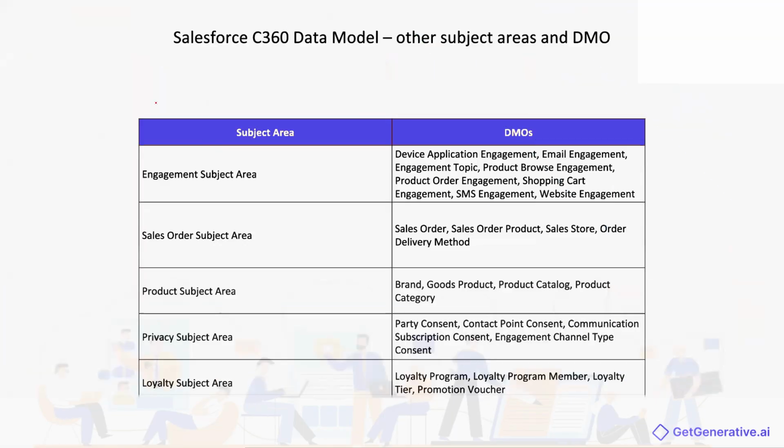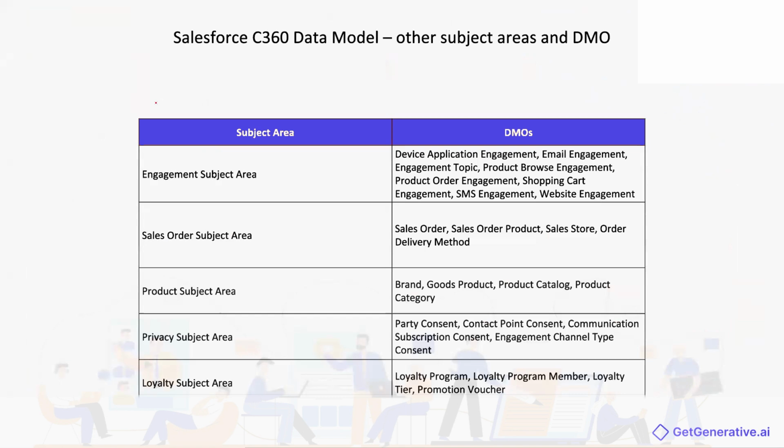There are many more subject areas, and these are not all, there are a lot more than this, such as financial sector, healthcare sector, consumer goods, public sector. These are a few examples, such as the engagement subject area. You have standard data model objects such as email engagement, product browse engagement, shopping cart, website engagement, etc. So you don't have to create and think of fields by yourself.